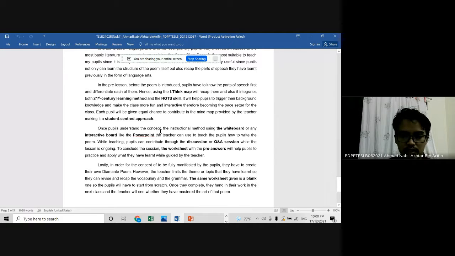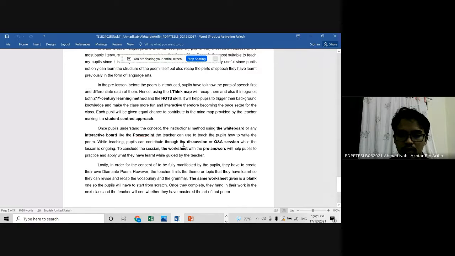Next, by using the whiteboard or the interactive board like the PowerPoint, the teacher can teach the pupils how to write the poem. The whiteboard will be helpful for the teacher to give the direct instructional model for the students to learn how to write the Diamante poem.